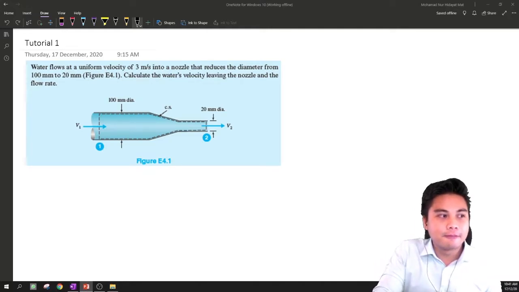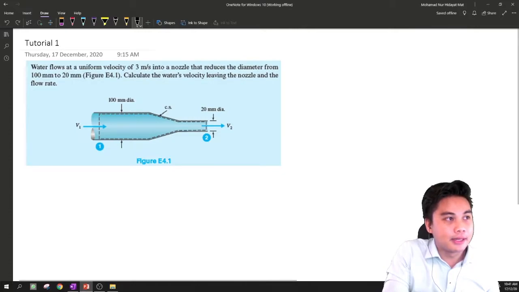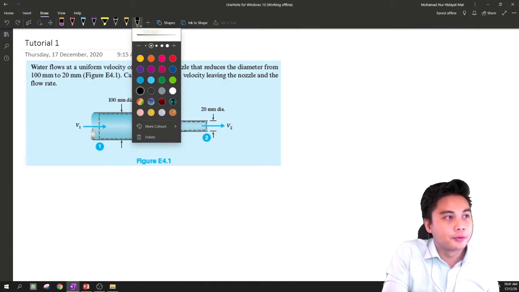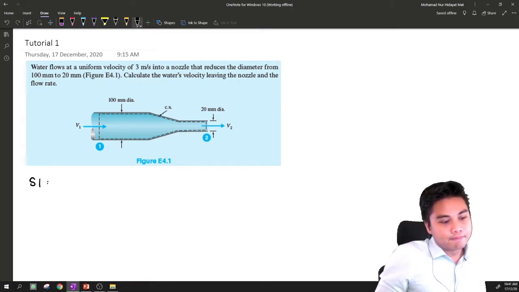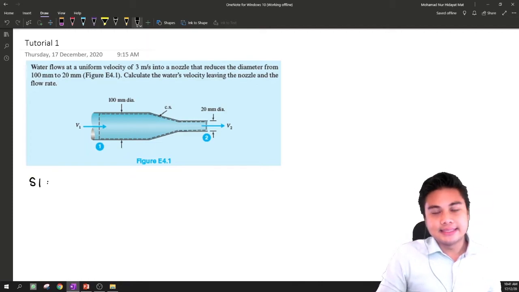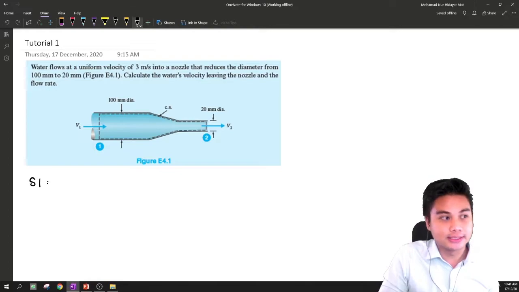So this is step number 1. Since we need to list out the assumptions here, the first assumption is that the density of the flow is constant.